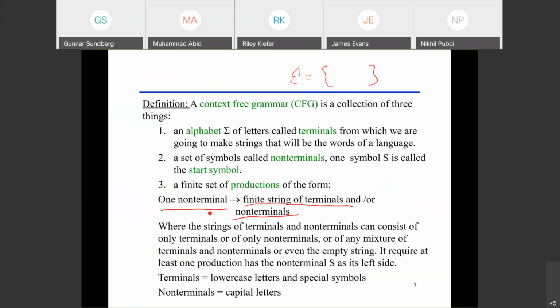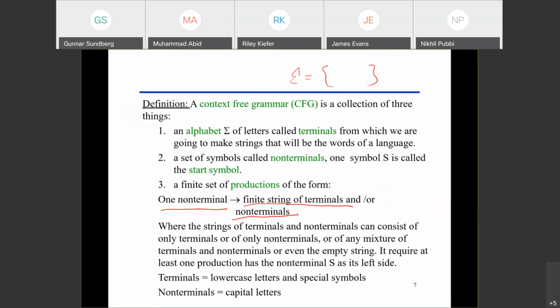So this should be the shape of the production rule. The strings of terminals and non-terminals can consist of only terminals, or only non-terminals, or any mixture of terminals and non-terminals. I already explained that terminals cannot be replaced by anything. Non-terminals can be replaced by anything, either a terminal, a non-terminal, or a combination of the two. It requires at least one production rule which has a start symbol S, and that's it.